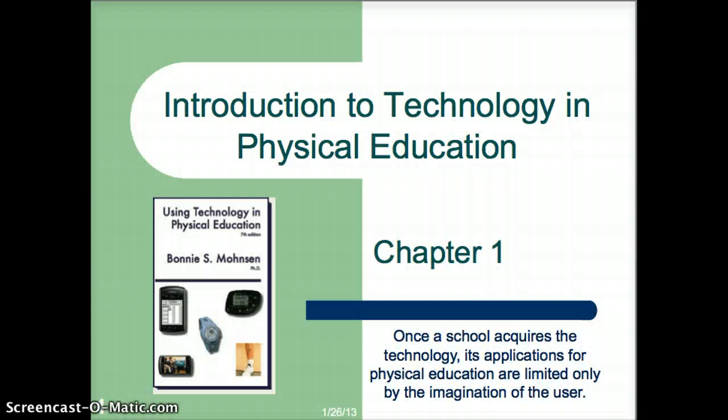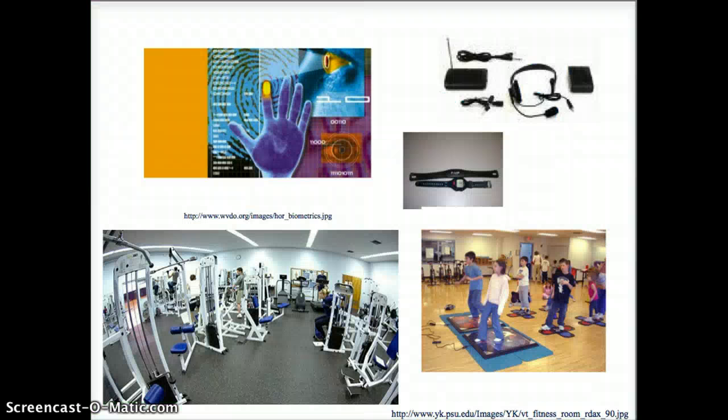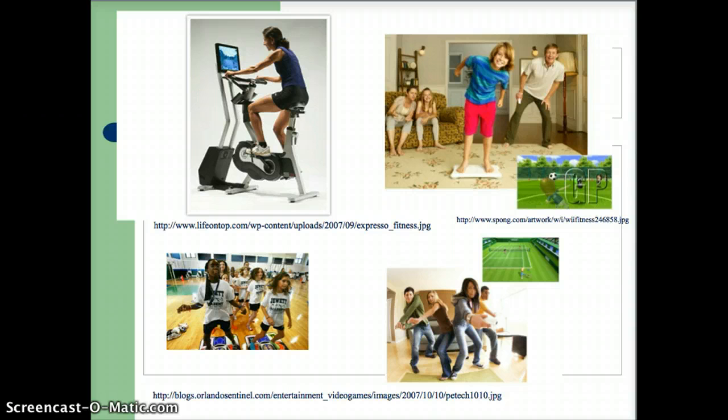When we talk about technology in physical education, there's a lot of different things we can consider. It's not just computers. As this photograph shows, it could be biofeedback or biometrics. It could be a simple cordless microphone for the teacher in the front of the room. It could be a heart rate monitor, Dance Revolution, or even cardio machines here in the back of a fitness center.